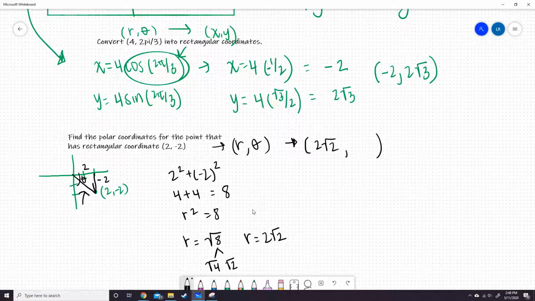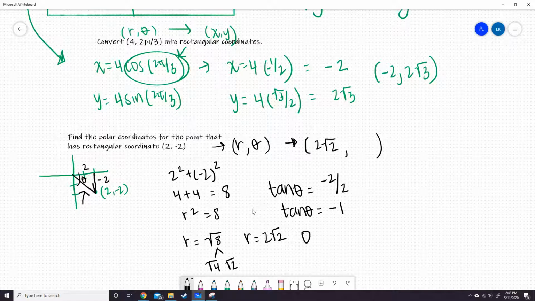Well, if I know my opposite side and my adjacent side, then I can say that tangent of theta is my opposite side divided by my adjacent side. And so tangent of theta is going to be equivalent to -1.